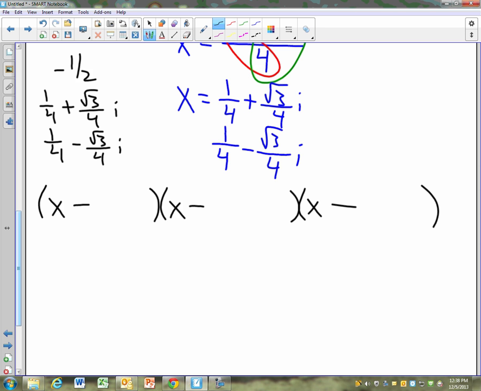It's always x minus whatever the solution is. So it's x minus negative 1/2, which, yes, you could write as x plus 1/2. It's x minus 1/4 plus the root of 3 over 4i. And it's x minus 1/4 minus the root of 3 over 4i.